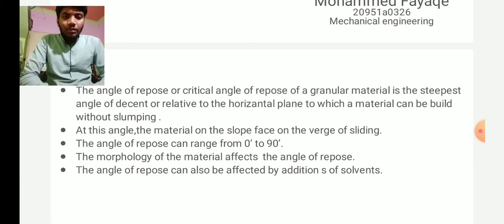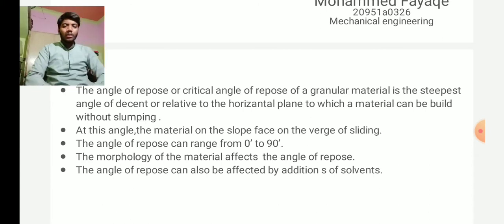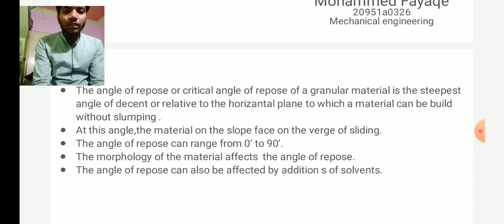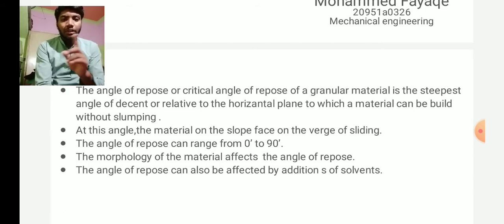The angle of repose can range from 0 degrees to 90 degrees. The morphology of materials affects the angle of repose. It can also be affected by additions of solvent. It is the angle at which, when we pour mud on a horizontal plane, it starts tipping like this.